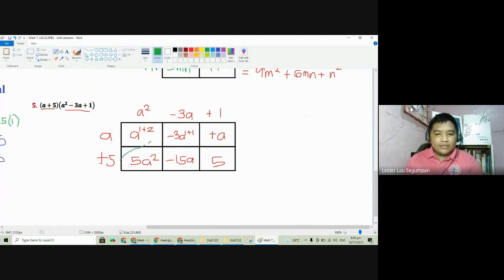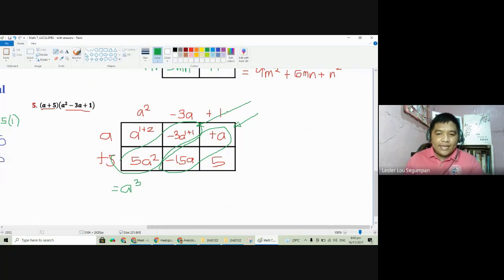I'm talking about these terms here. In the diagonal from top right to bottom left, you would see terms with the same literal coefficient, because this is a squared and you have a squared and a squared. You could easily add them up so that there would be no confusion.